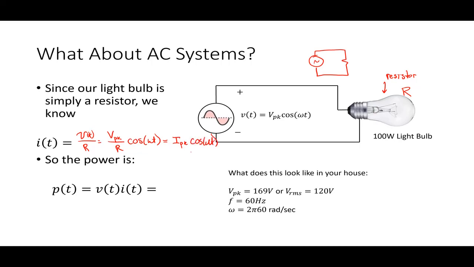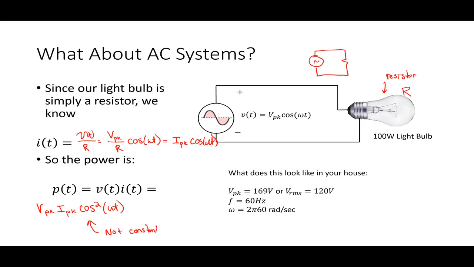Power by definition is voltage times current, so that would give us V peak times I peak times cosine squared of omega t. This clearly is not constant.